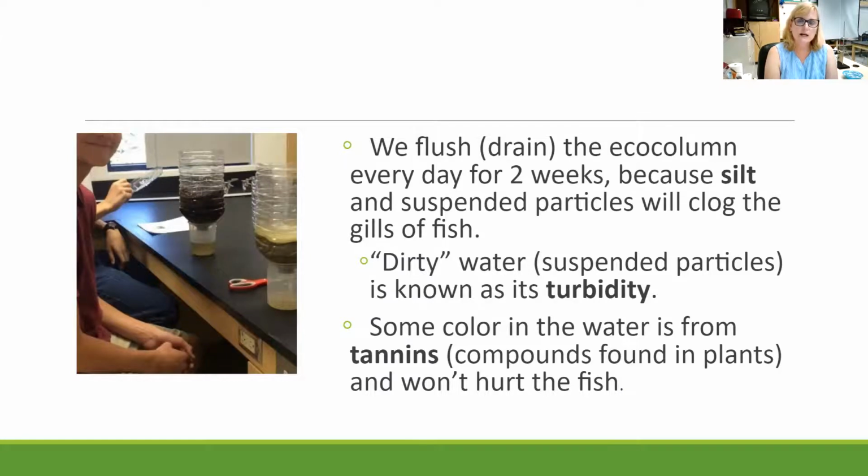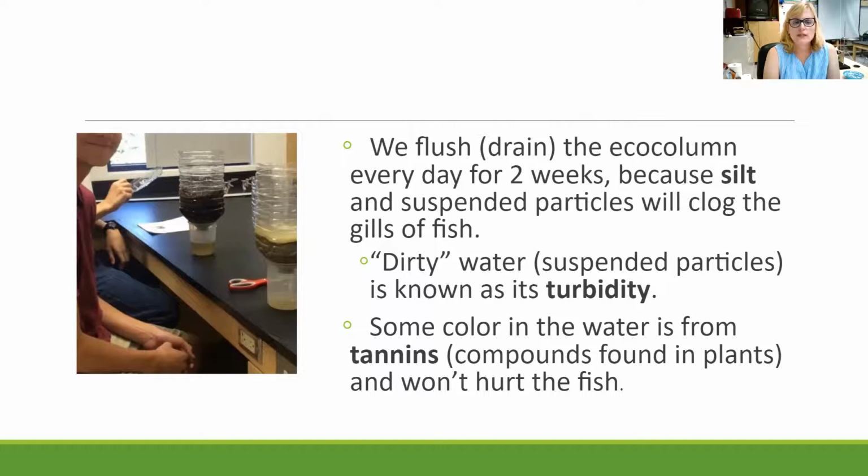Now, some of the color in your water, that's kind of like an orangey brown, comes from tannins, which are kind of the dyes in some plants, and it won't hurt the fish. So your water may not completely drain clear, and that's normal because in nature, fish don't swim in perfectly clear water, usually.